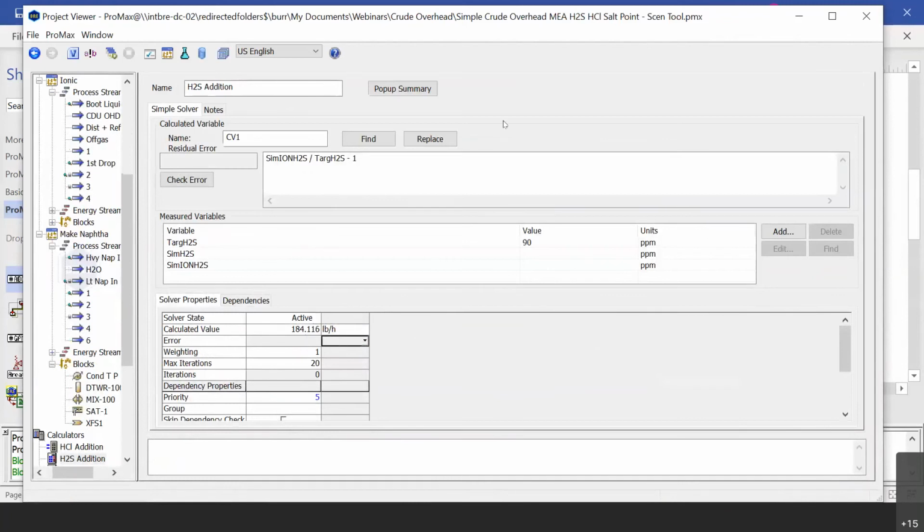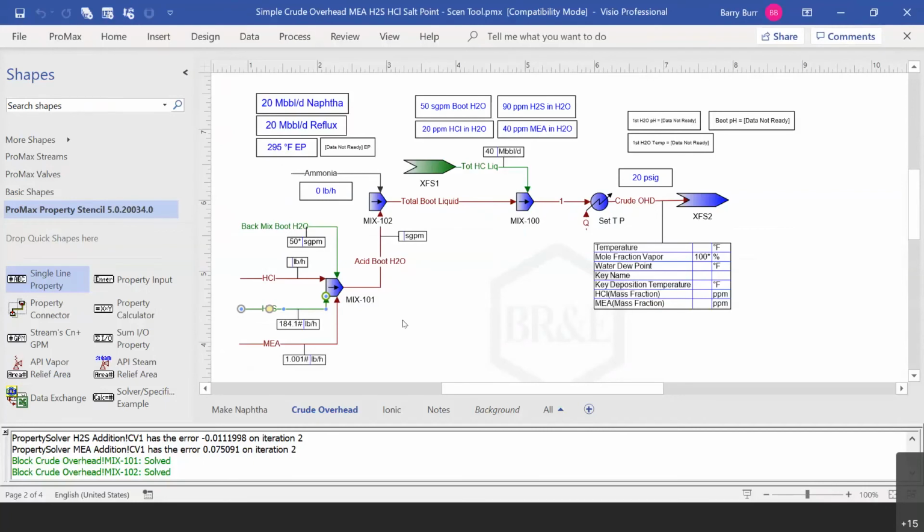And I don't think you're likely to see many changes, unless you had a drastic change. The flow of H2S into your unit is based on how much H2S is in your crude oil. So if that's not changing very much, then this number will be correct all the time, no matter what else you do. Got a couple of questions.